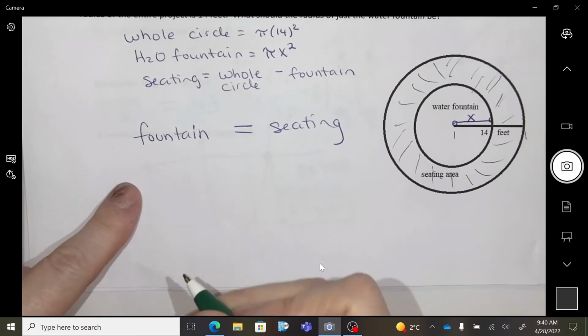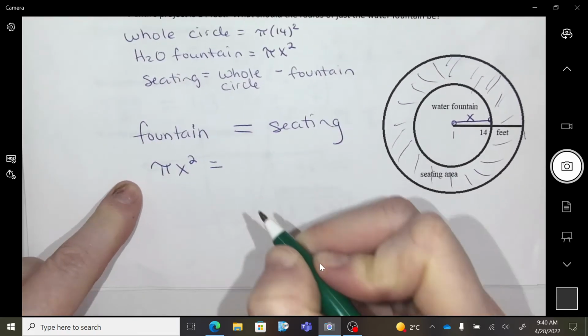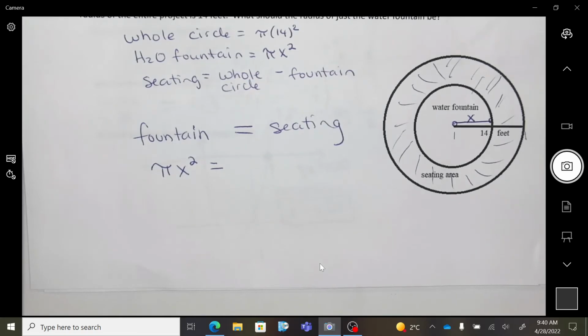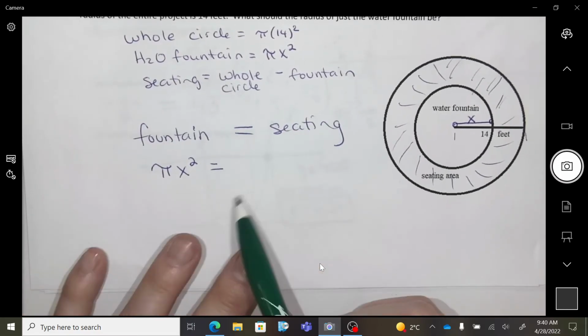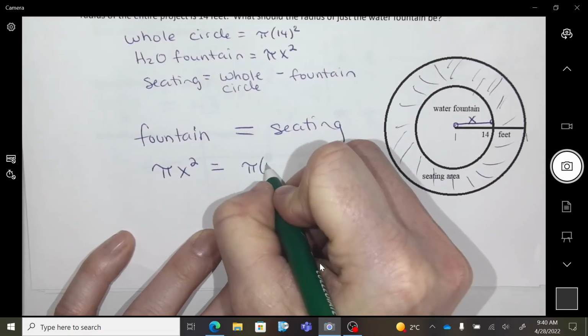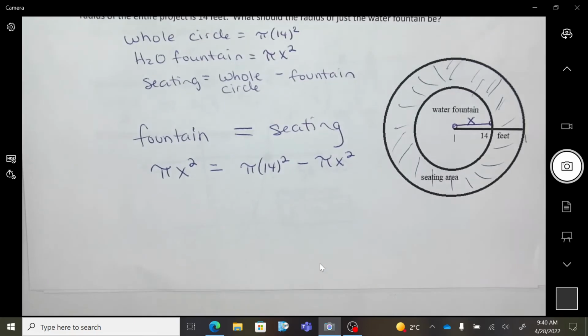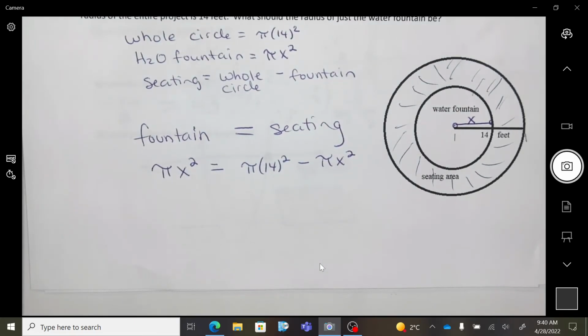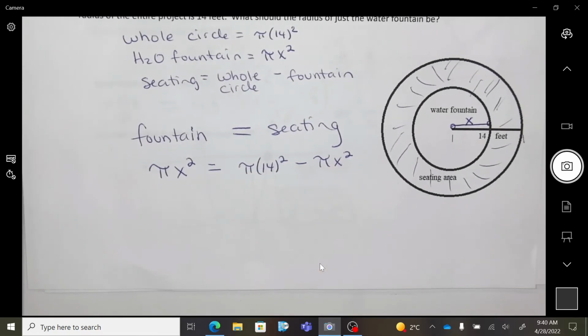So the water fountain area is pi x squared. And I want it to equal the seating area, which is the whole circle minus the fountain. So the whole circle minus the fountain. See where I'm getting those numbers? This is the whole circle, subtract the inner fountain and that will be the outside piece. And I want that to equal that.